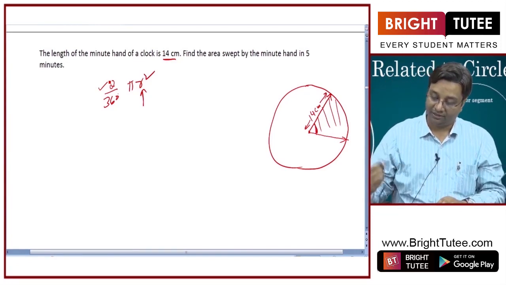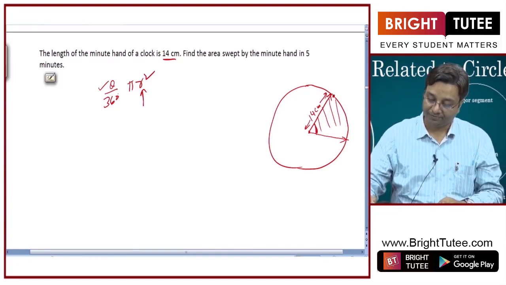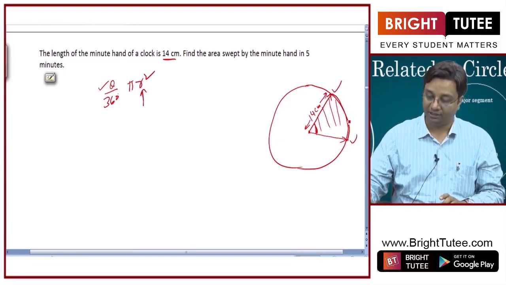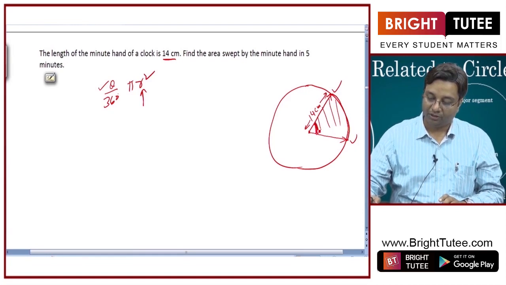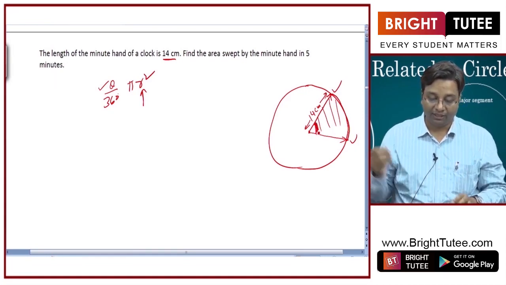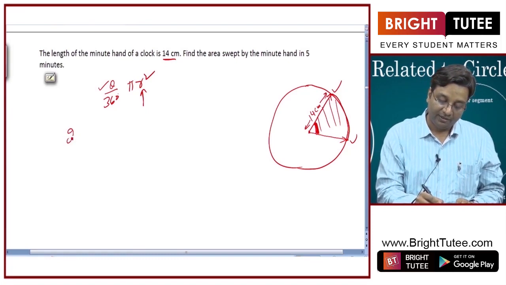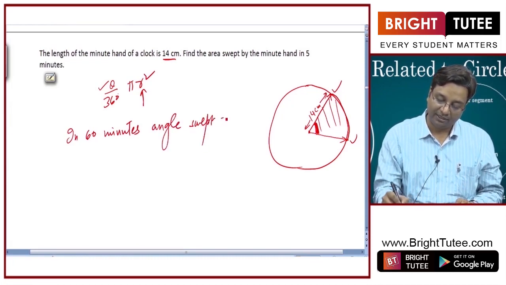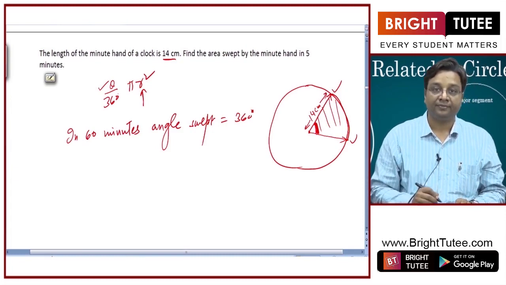swept in 5 minutes. Let us say this minute's hand moves from this position to this position in 5 minutes. So this angle we are talking about, right? So we are concerned about this angle. So how will we calculate this? In 60 minutes, angle swept is equal to 360 degrees, right?